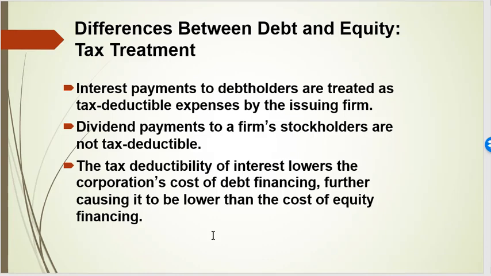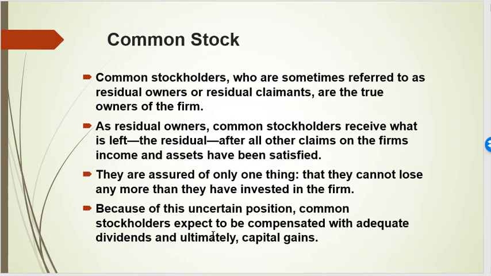Since we get to write off taxes, we are saving tax dollars when we're allowed to deduct things from income. And interest is certainly no exception to that rule. There is a benefit to being able to write off interest expense. So common stockholders are sometimes referred to as residual owners.